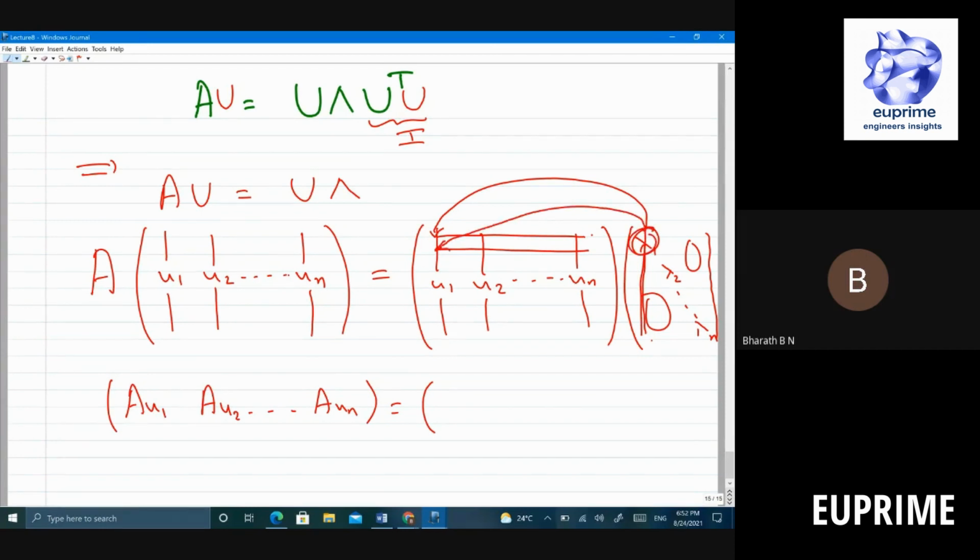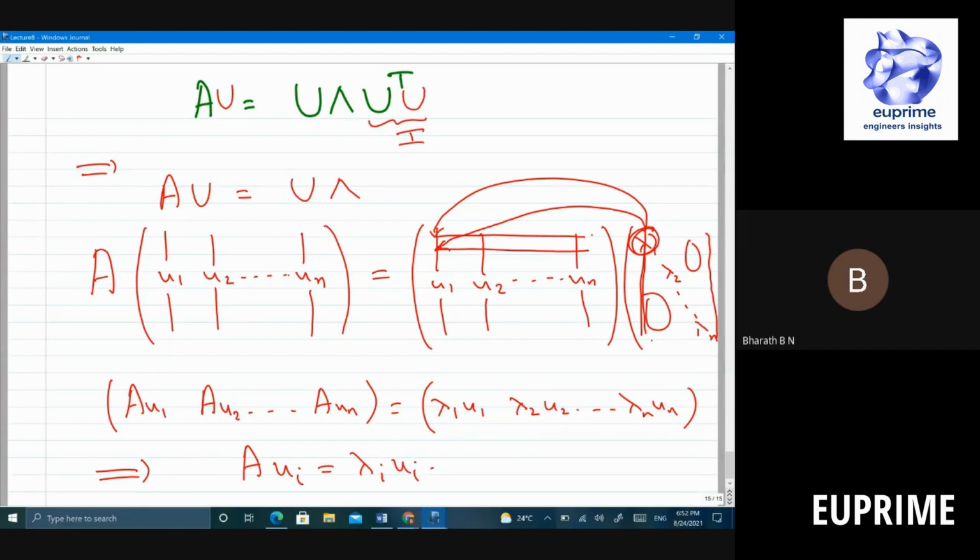So essentially, in the first column, lambda 1 is multiplying U1. Now if I match, I get AUi equals lambda i Ui. This is what I want.